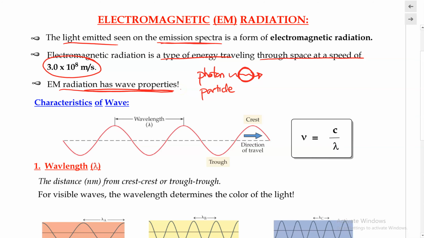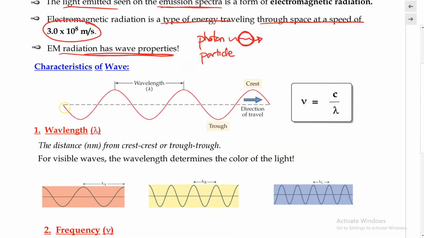So now let's go over some of the characteristics of waves. Here is a wave. Some of the terminology that you should be familiar with includes the crest, the trough, the wavelength, and the frequency of the wave. The distance from one crest to another crest is referred to as the wavelength.